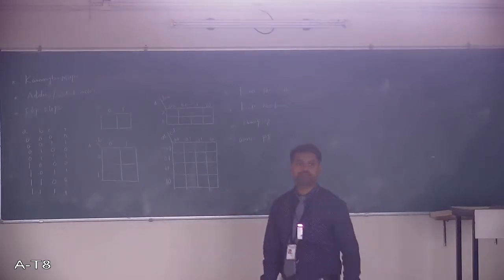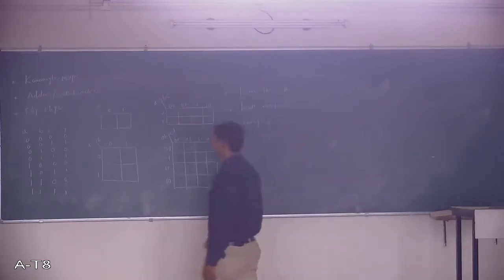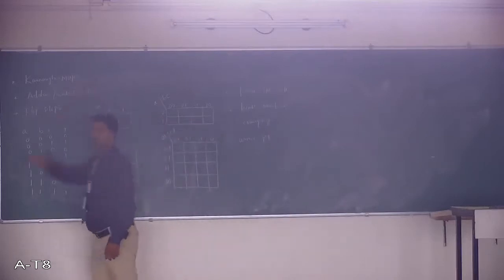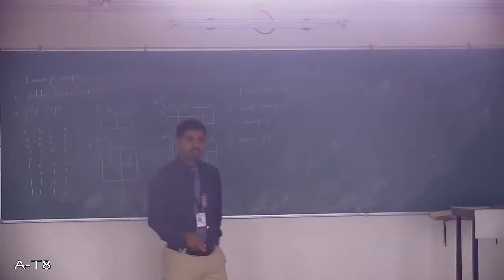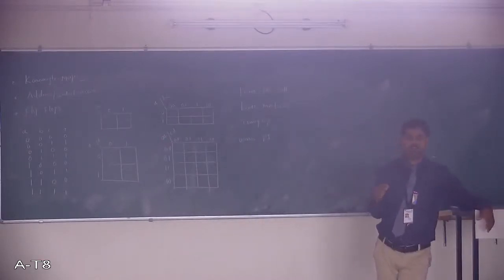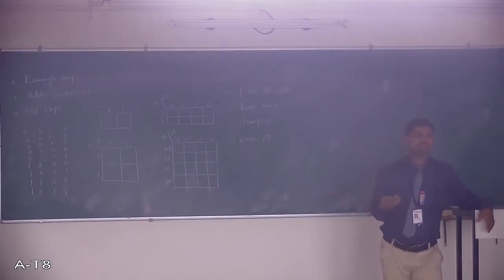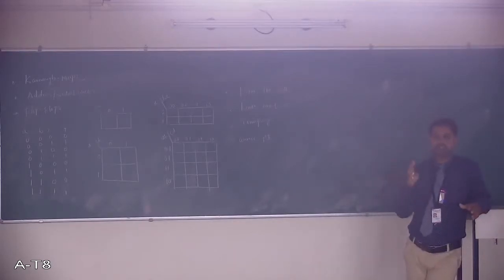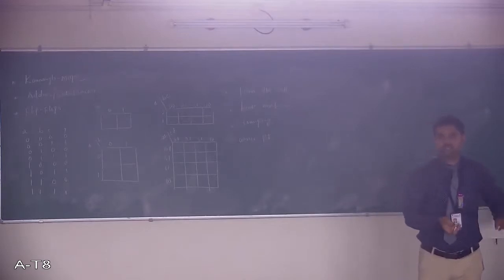And we'll go with the K-map, Karnaugh map. It is a graphical approach of minimizing logical expressions, right? The intention behind reducing the logical expression is to make my design very simple, to construct a very simple circuit, so I should have a minimal logical expression.